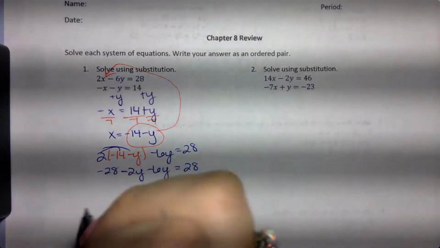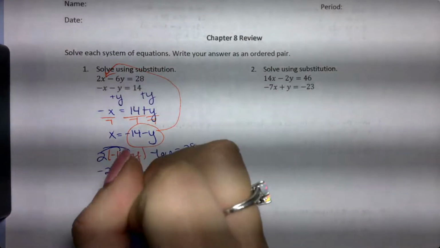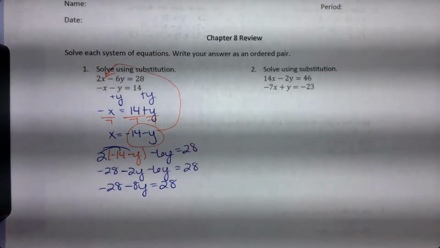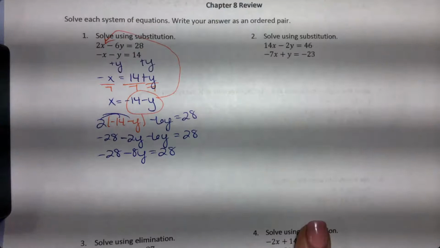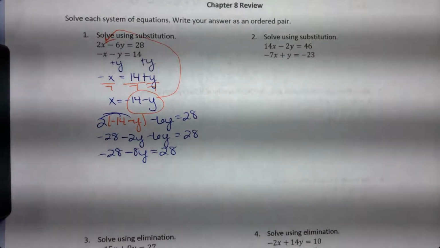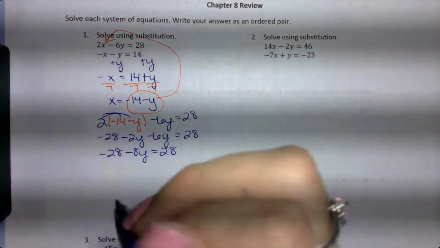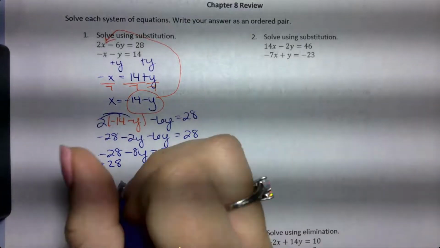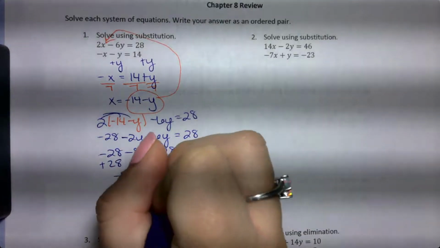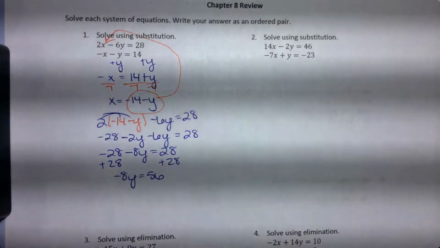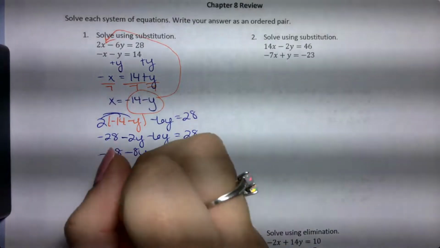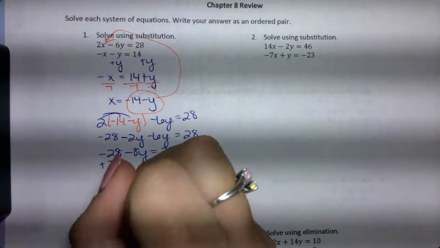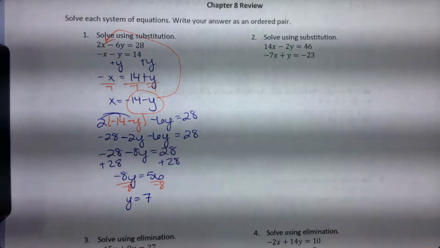I'm going to combine like terms, which gives me negative 8y equals 28. Then I want to go ahead and start off by adding 28 to both sides. I get negative 8y equals 56. I'm going to go ahead and divide both sides by negative 8, which gets me y equals 7.